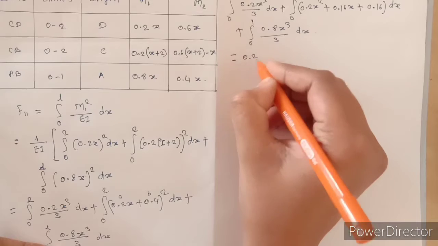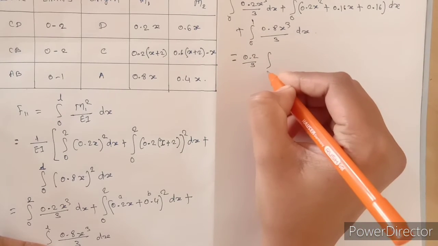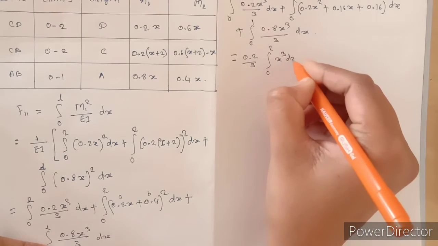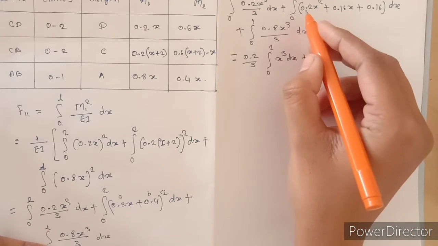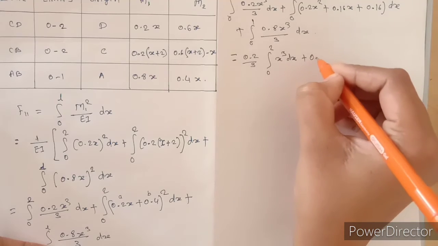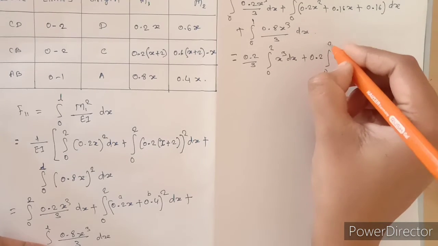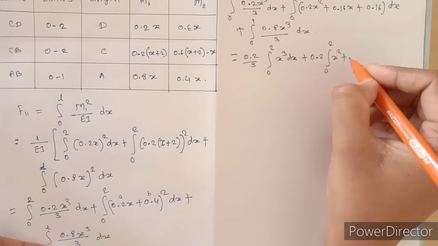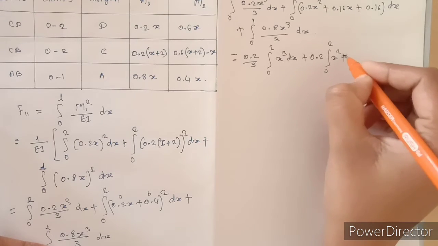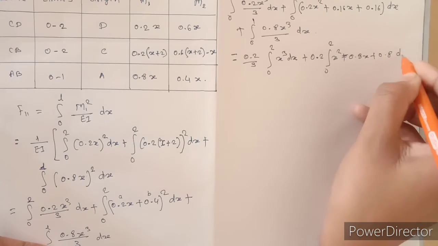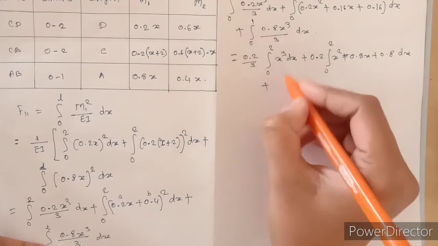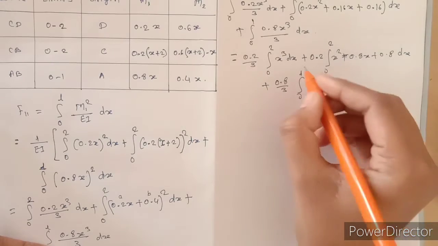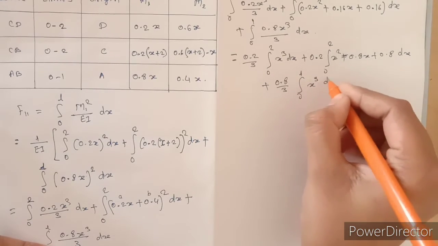So here 0.2 divided by 3, integration limit is 0 to 2, x cube into dx, plus here we take the common value 0.2, integration, put limit 0 to 2, this x square plus 0.8x plus 0.8 into dx, plus here the constant is 0.8 divided by 3, and in bracket integration 0 to 1, put limit 0 to 1, x cube into dx.